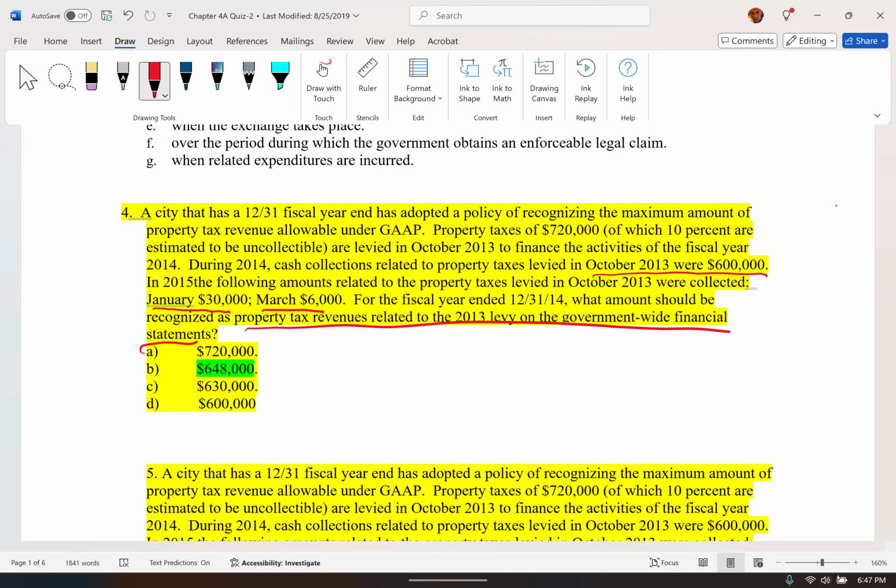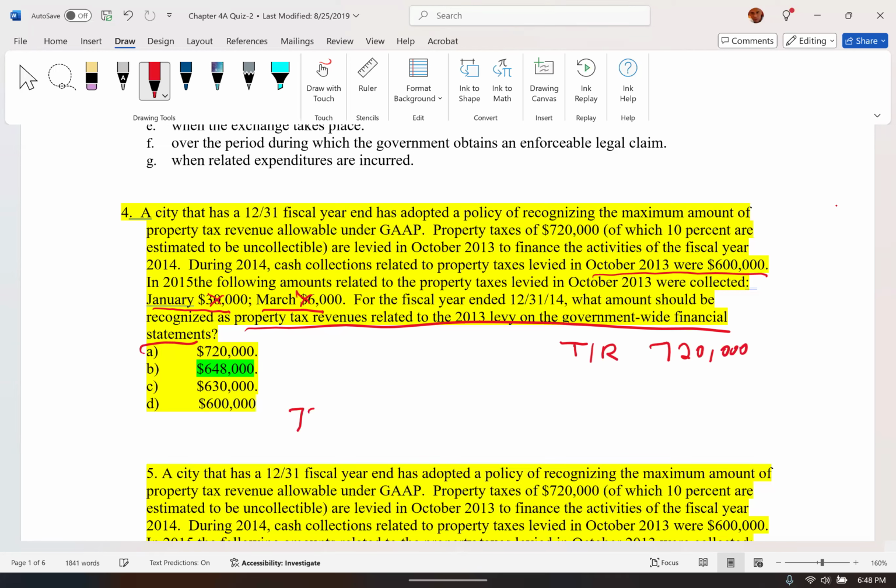Now, let me ask you a question. Does the collectability, the time of collection matter for our government-wide? No. Does not matter. So this information is irrelevant to answer this question, right? However, even though I will debit taxes receivable 720,000, I will only take into revenue what?